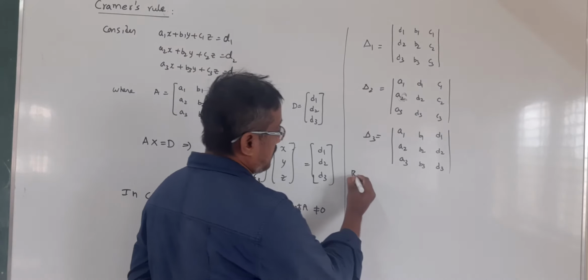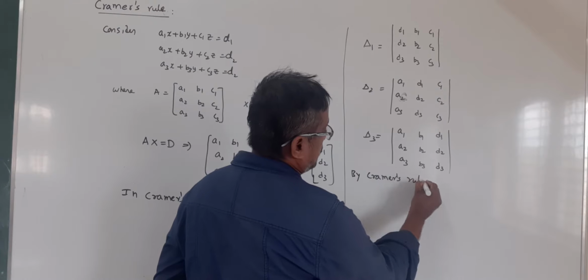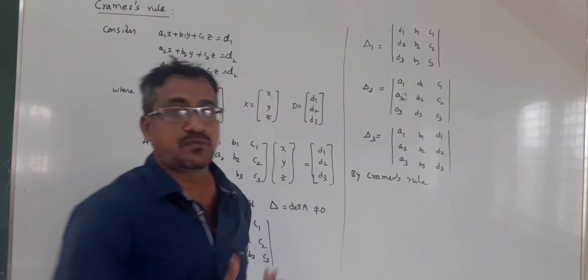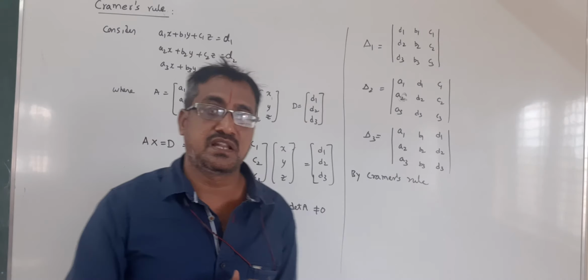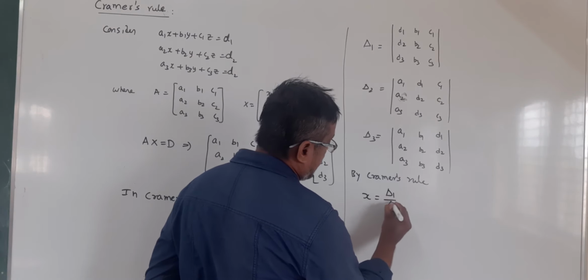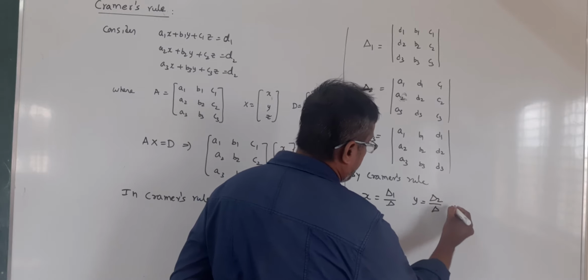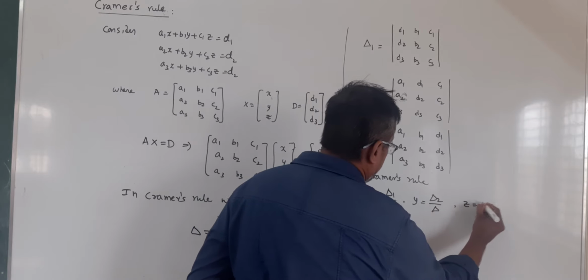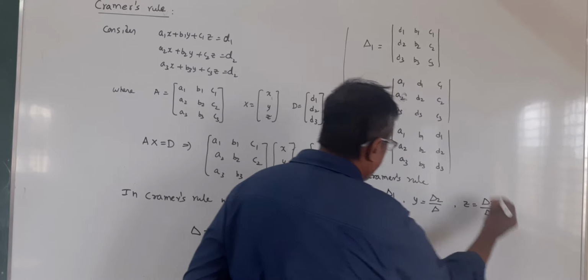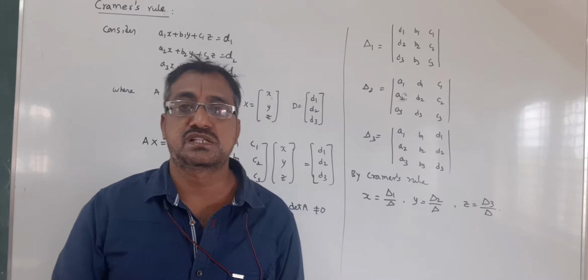Now by Cramer's rule, Cramer is the name of the scientist. He has given that the value of x is delta 1 by delta, y is equal to delta 2 by delta, and z is equal to delta 3 by delta. So in this way we find the values of x, y, z.